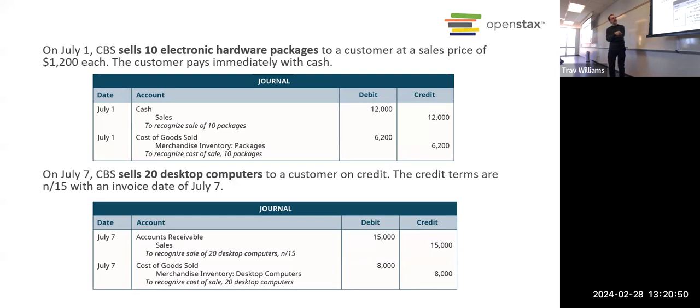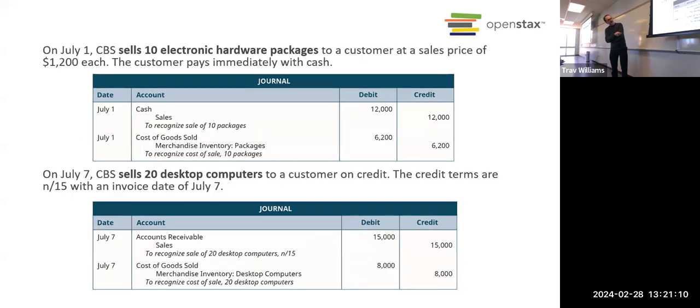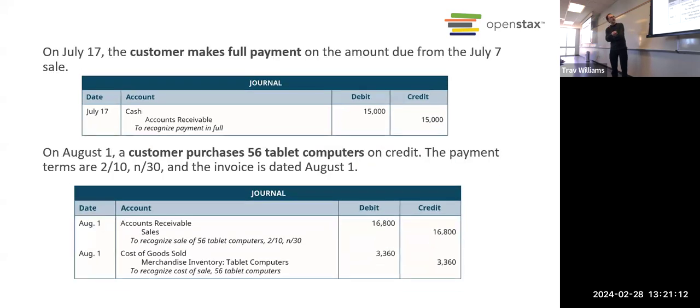Because we see the terms are net 15. If that's all the terms say, net 15, that means the total amount of the invoice, the net amount, is due within 15 days. There's nothing there about any option for discount. All right, so the customer makes their payment, they pay off the full amount, and the account receivable goes away.